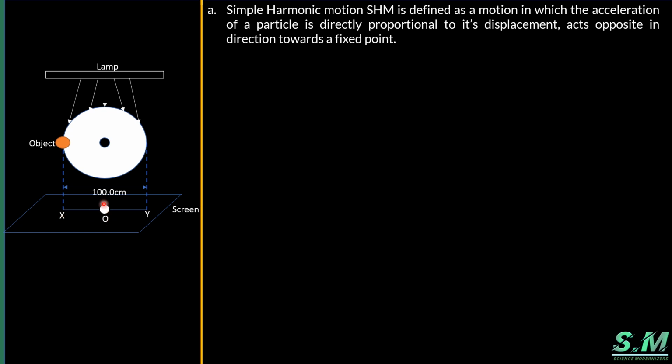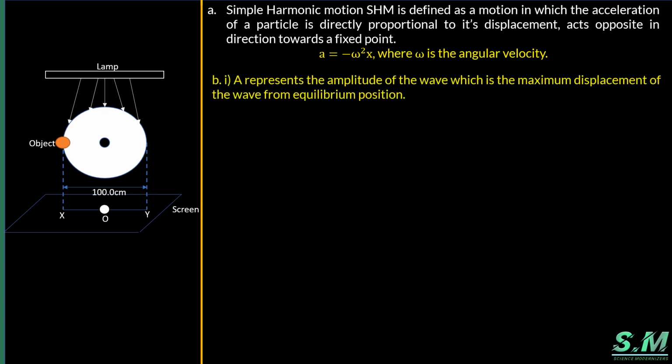So the amplitude will be the distance from O to X or from O to Y. For all objects undergoing simple harmonic motion, we know that it obeys the equation a equals negative omega squared x, where omega is the angular velocity.